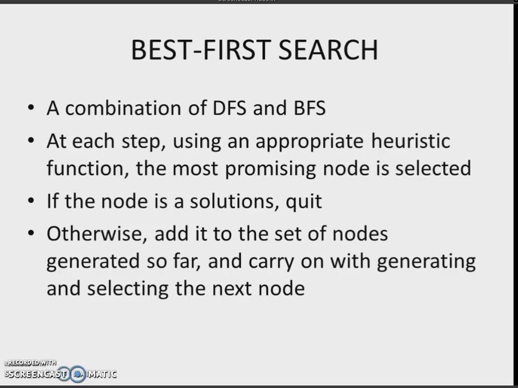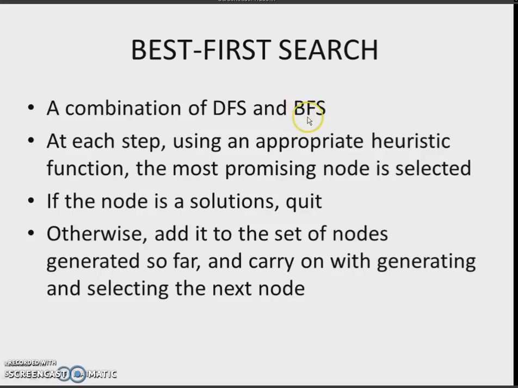Let us go further. So what is the best first search algorithm? It is a combination of DFS and BFS. I hope you can recollect DFS and BFS as we had seen it in another video earlier. DFS is depth first search, BFS is breadth first search. So you know that DFS could lead to higher time complexity, whereas BFS could lead to higher space complexity.